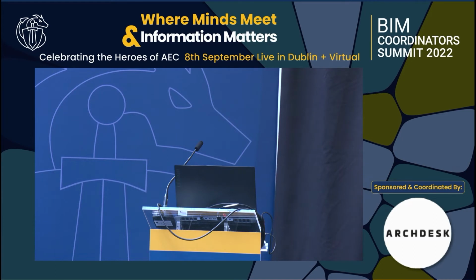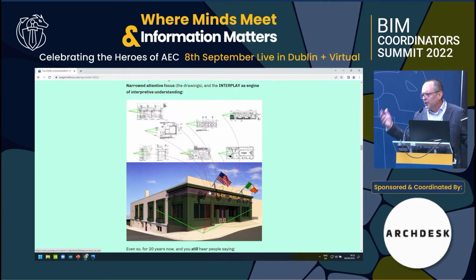To understand any complex visual spatial environment, those are drawings at the top. Drawings are narrowed articulation. They're articulations of narrowed, attentive focus within the context of a wider spatial whole.